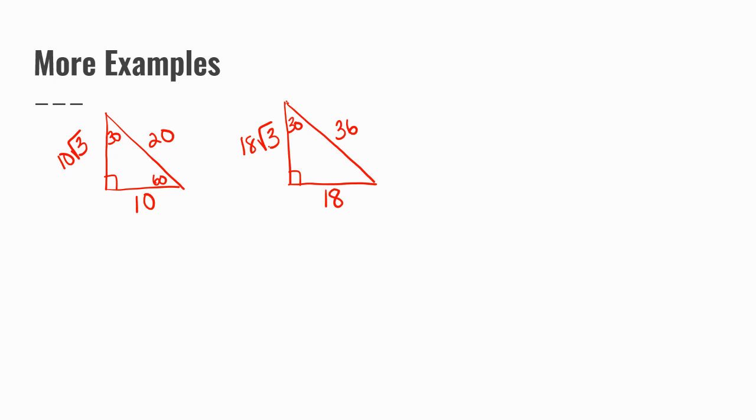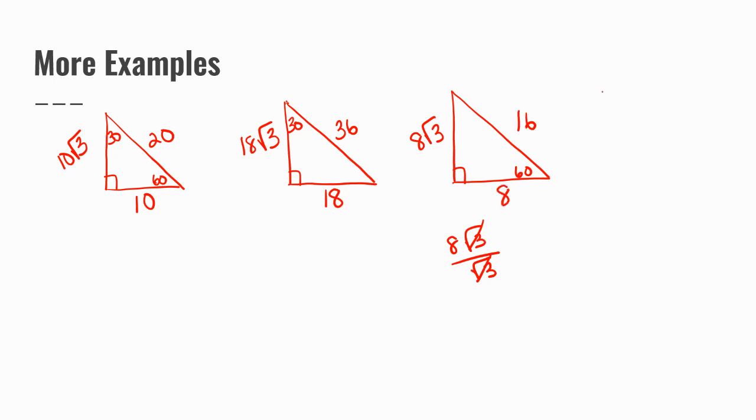And then here's where we're going to go with a trickier example. If I'm given a length here of 8 square roots of 3, in order to get my shorter leg, we want to do 8 square roots of 3 divided by square root of 3, which would give us an 8, and then you can double it to get your hypotenuse.